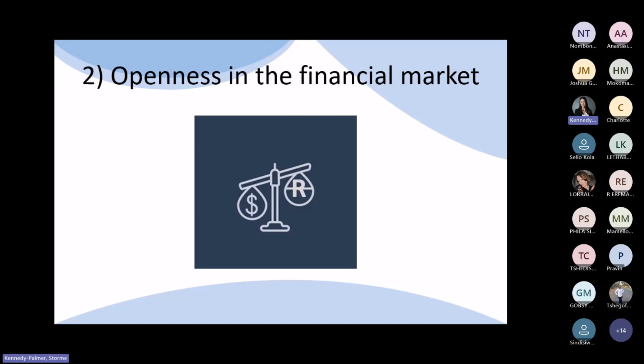So openness in the financial market allows a country to have a trade deficit or a trade surplus because it enables the free flow of capital across borders to balance those. When a country runs a trade deficit, in that case imports exceed exports, it can finance the deficit by attracting foreign investment or borrowing from abroad to run a capital account surplus.